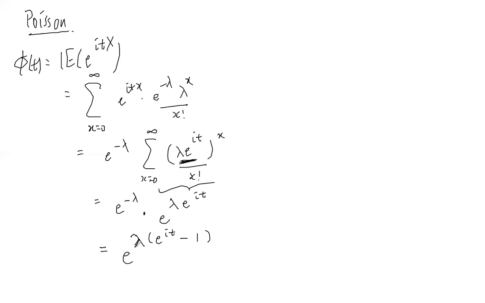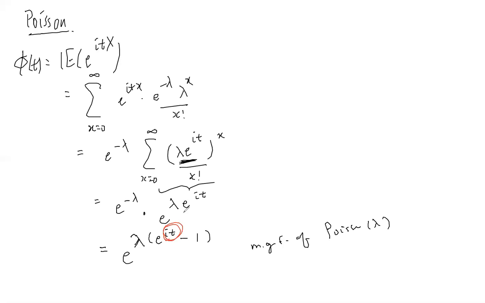If you contrast it with the moment generating function of Poisson with parameter lambda, it's the same, except that you replace the t with it. So you can also have characteristic functions for discrete distributions.